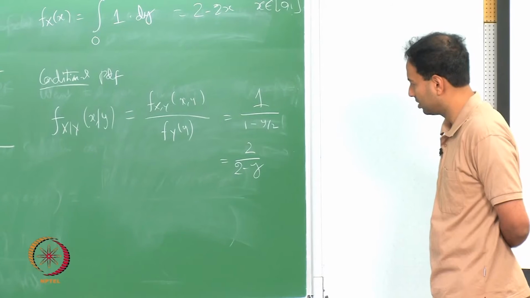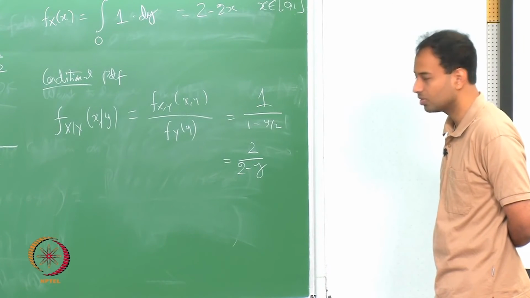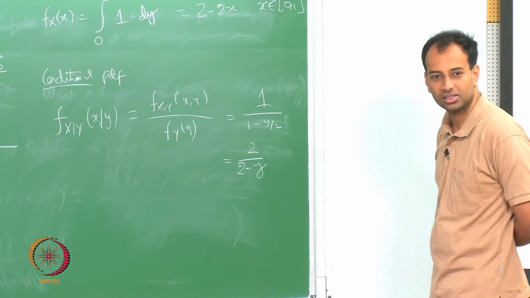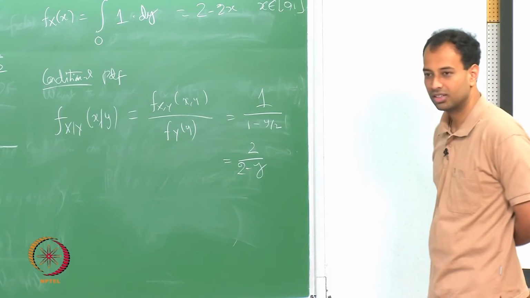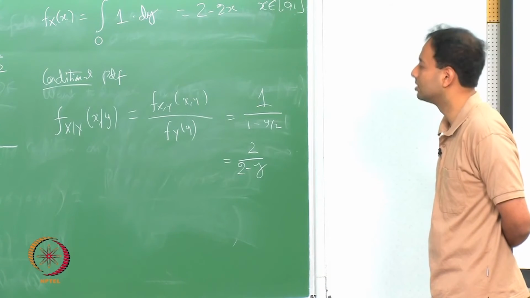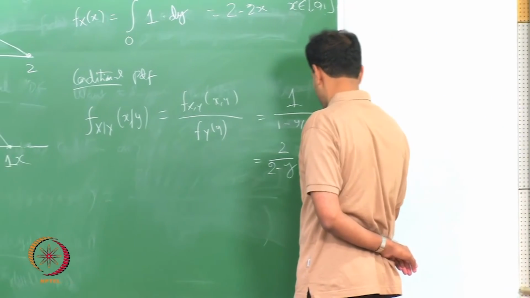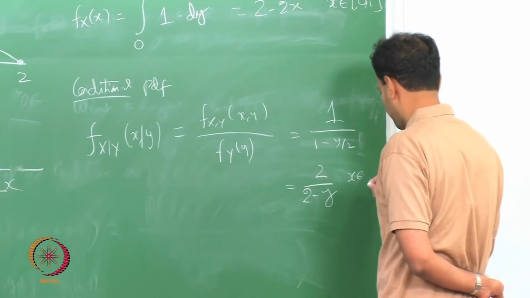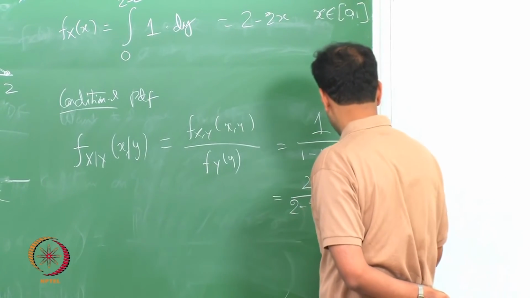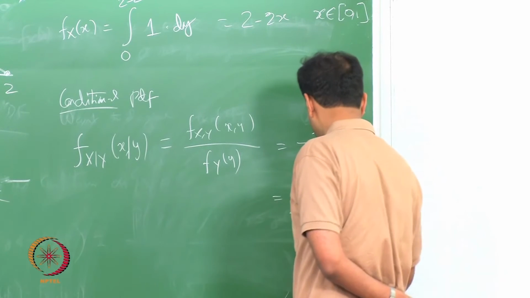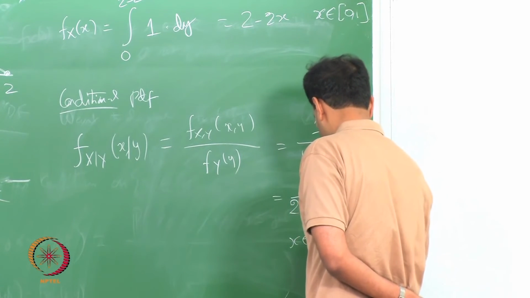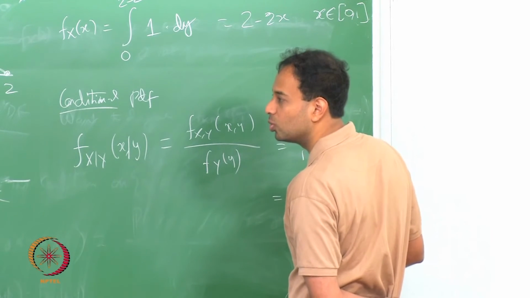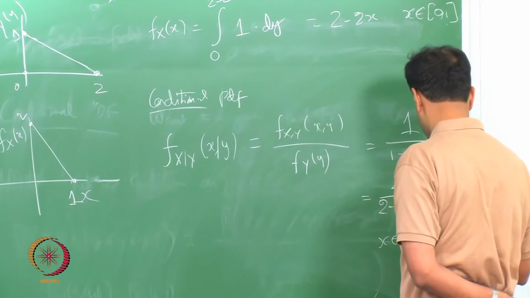And this is valid for what range? See, y is some fixed number, and this is for x varying from 0 to 1 minus y over 2, isn't it?